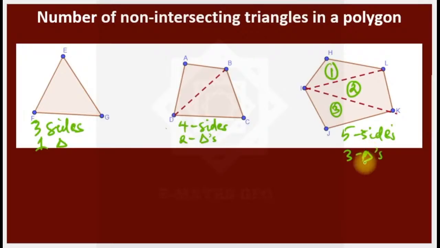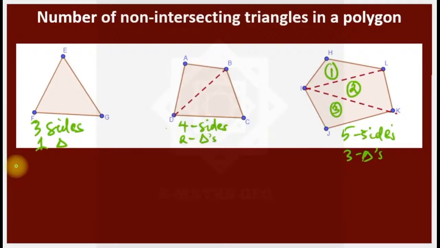So what do you notice here? You notice the difference. What's 3 minus 1? 2, right? 4 minus 2, 2. 5 minus 3, 2. So it's always constant. So how do you get the number of non-intersecting triangles?